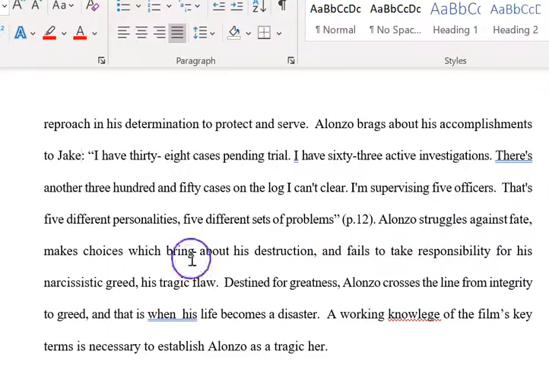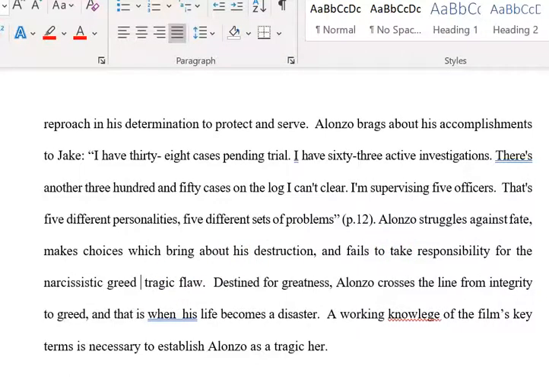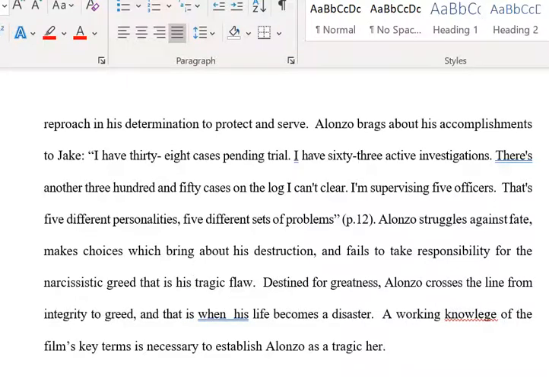Alonzo struggles against fate, makes choices which bring about his destruction, and fails to take responsibility for the narcissistic greed that is his tragic flaw.